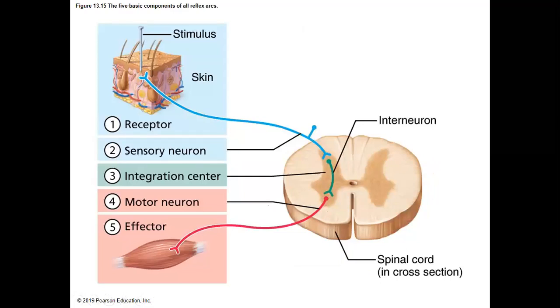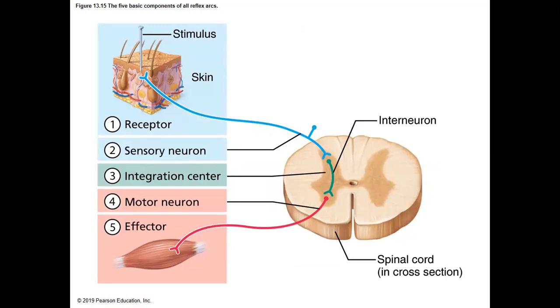This one, the 1, 2, 3, 4, 5. This is the 5 basic components, right? And we're looking at a stimulus, right? So something that is going to be resulting in a stimulus. What is it going to be going through? So you have the stimulus, then the stimulus must have a receptor.